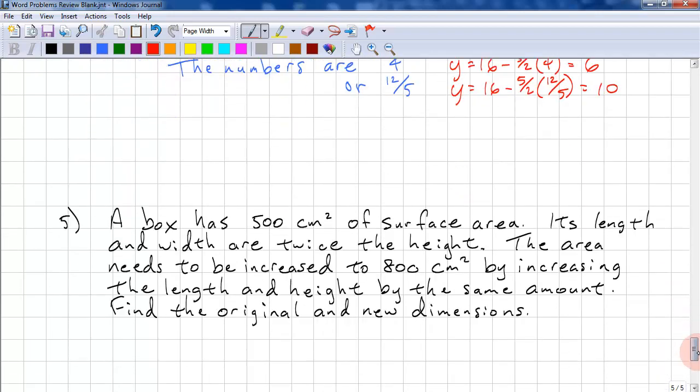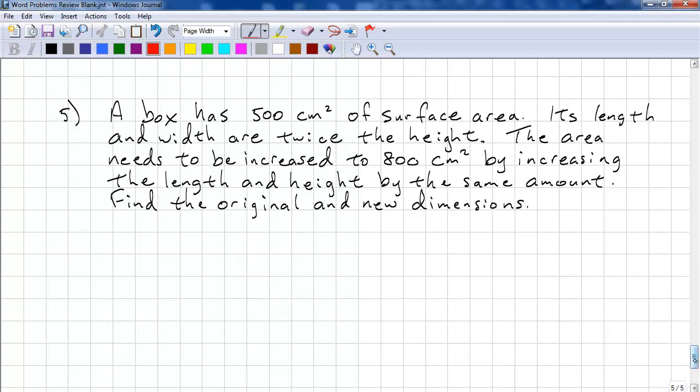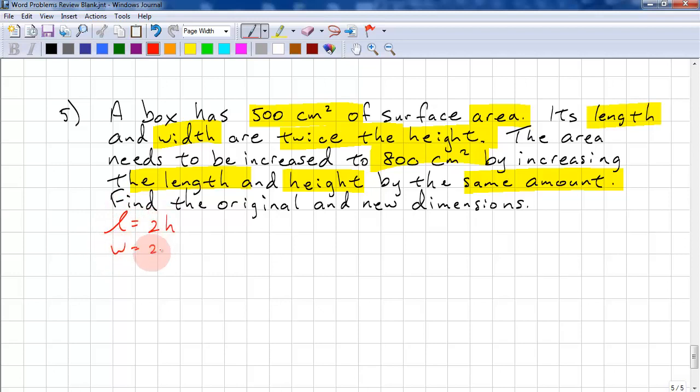And finally, the box has 500 square centimeters of surface area. Its length and width are twice the height. The area needs to be increased to 800 square centimeters by increasing just the length and the height by the same amount. Find the original and new dimensions. Okay, L equals 2h, W equals 2h.